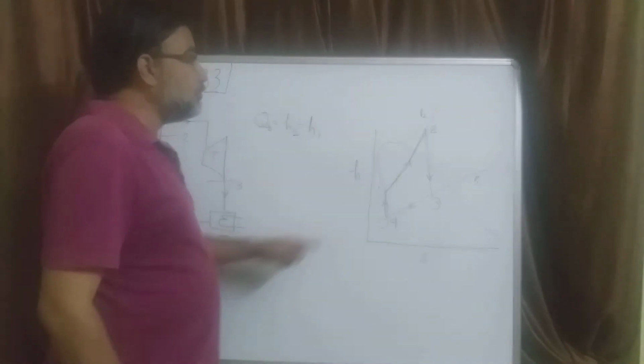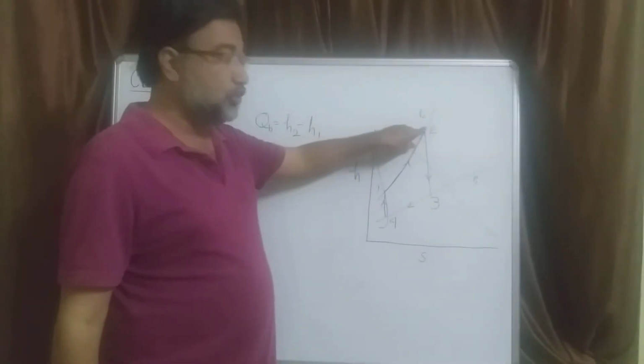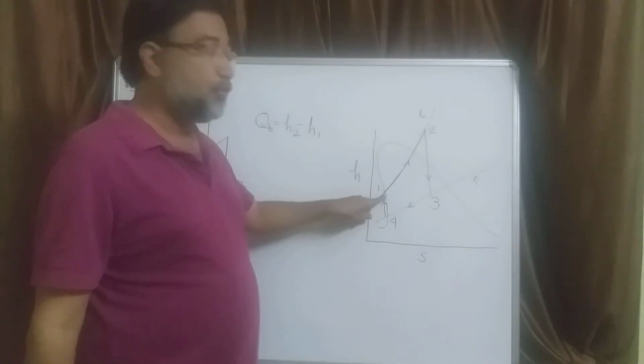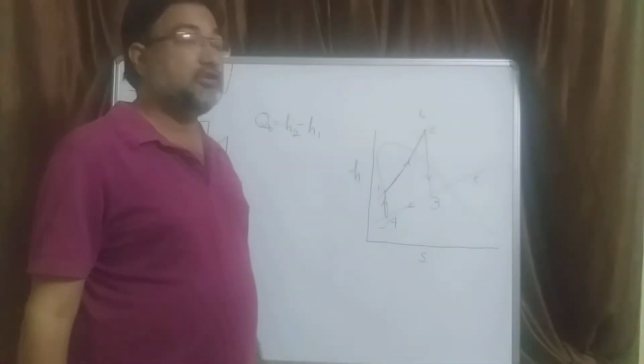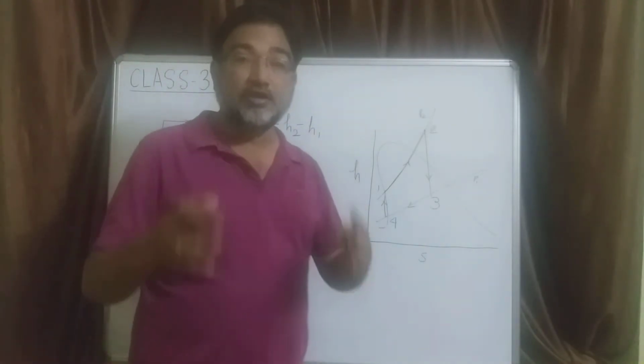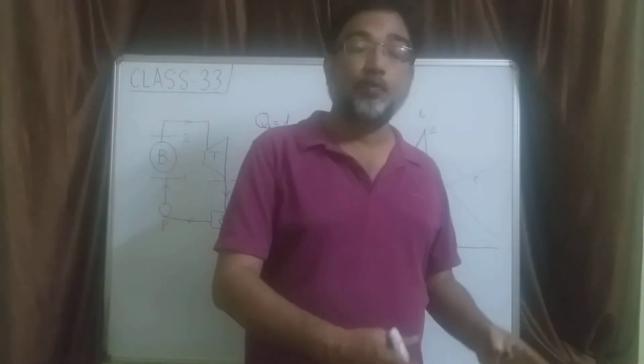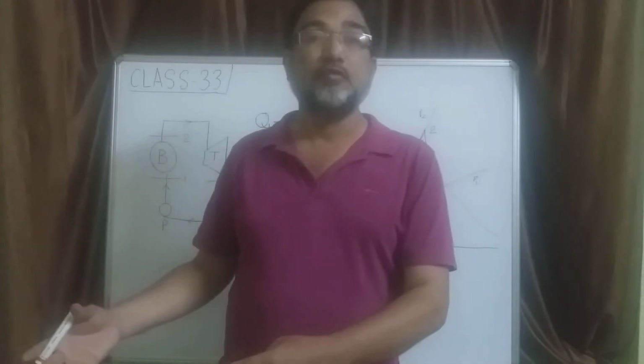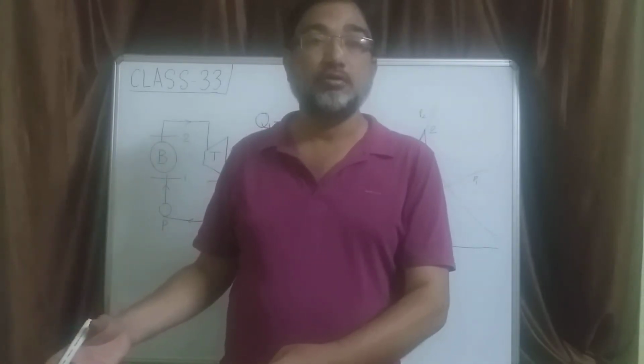If you can find the value of enthalpy at point 2 and at point 1, then the difference of these two will give you the amount of heat required as input in the boiler in order to transform water into steam.